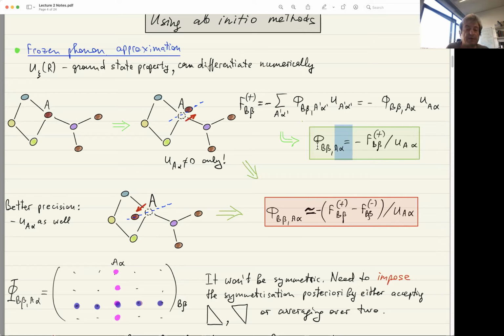So by displacing one by one all atoms of your system, you will be able to determine the whole matrix phi. Okay? But of course, that matrix must be symmetric, but because of the numerical way in which this matrix is calculated, it won't be exactly symmetric. So you may want to symmetrize that matrix by taking, for example, the average of the right and left triangular parts of the matrix.